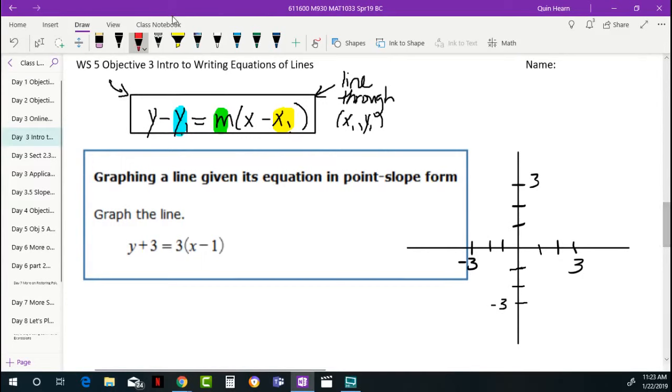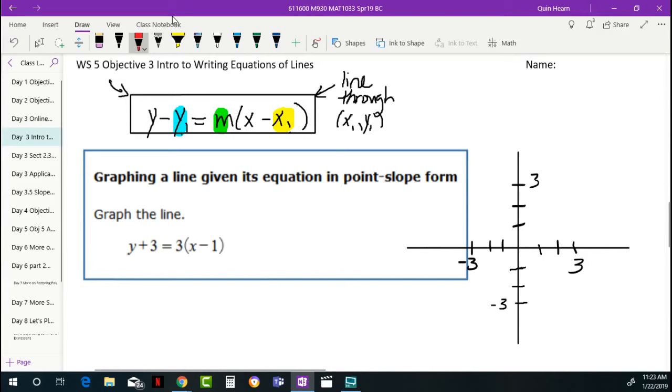Now, I really include this example just to give you a heads up. You might see this in Alex. And it says graph the line y plus 3 equals 3 times x minus 1. Most likely, most people seeing this exercise would distribute through the parentheses, move the 3 over, and use the slope-intercept form of the line to graph it.